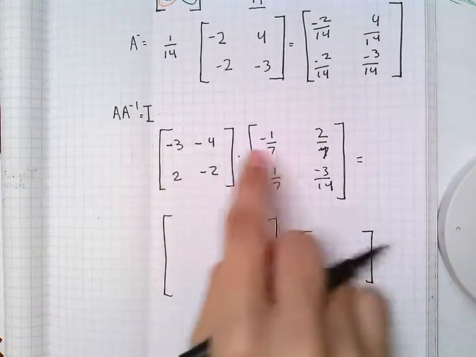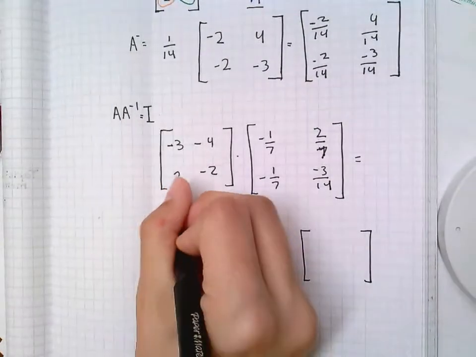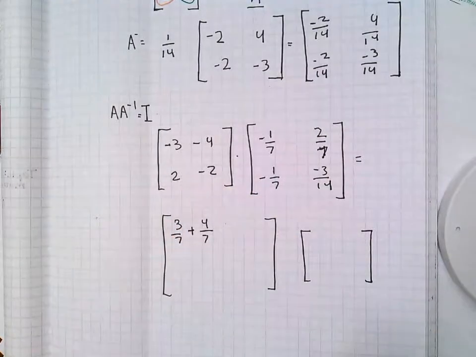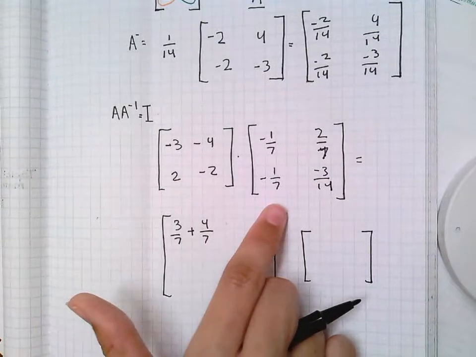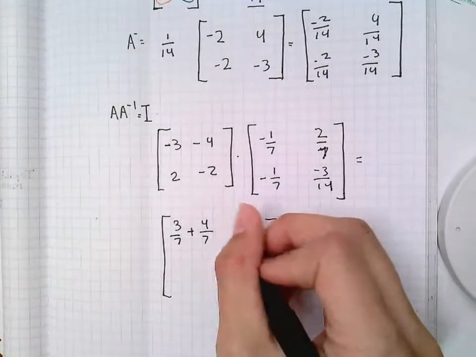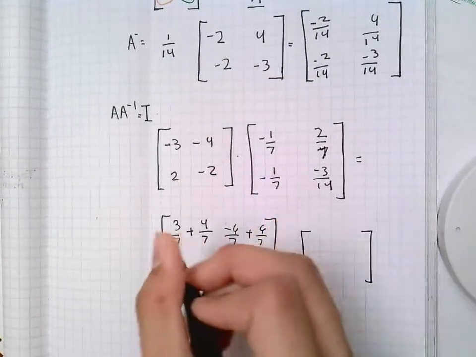So the first row multiplied by the first column is how we did our A. You should already know how to solve for multiplying matrices in our last video. So I will continue to solve it.